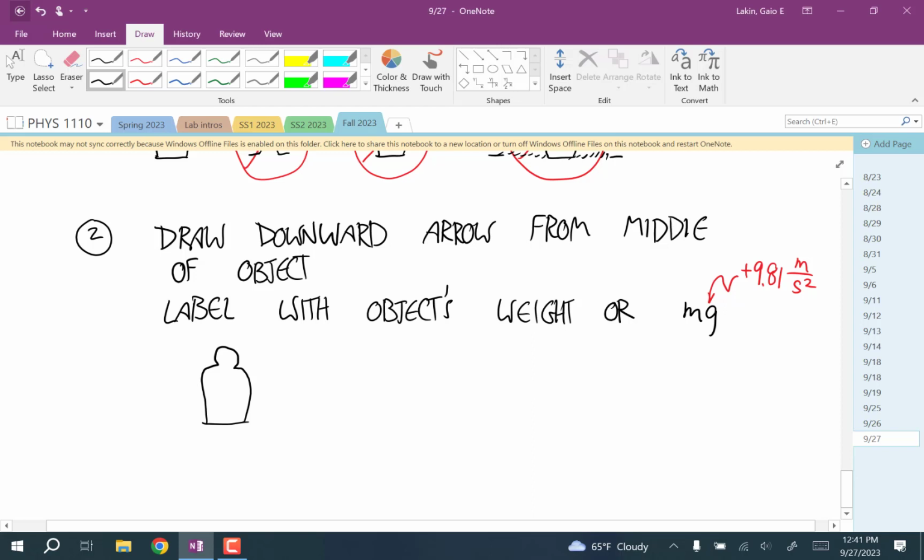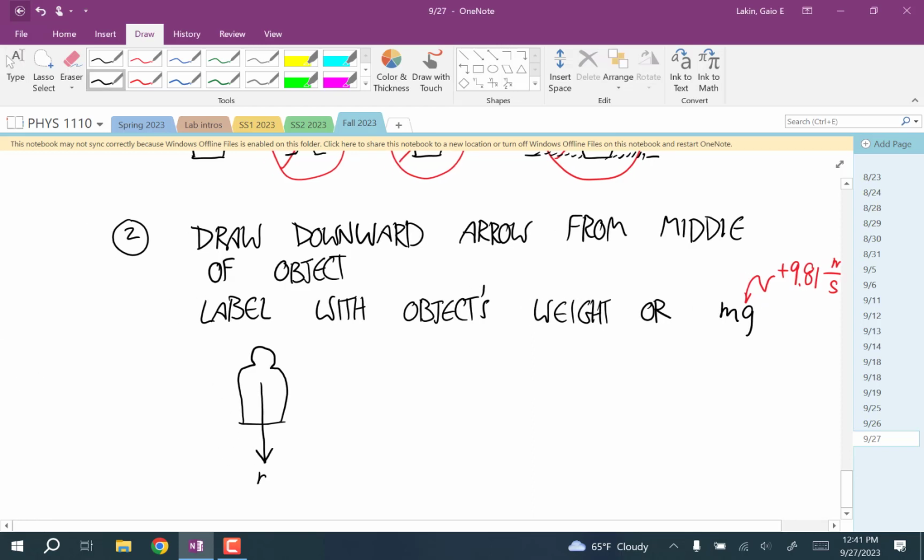For us, we tend to put our positive direction up, which means that gravity acts in the negative direction. But there's no reason that has to be the case. So we sort of want to separate the magnitude of that force from the direction. The direction we deal with separately. So this is what this should look like when you put the weight in.